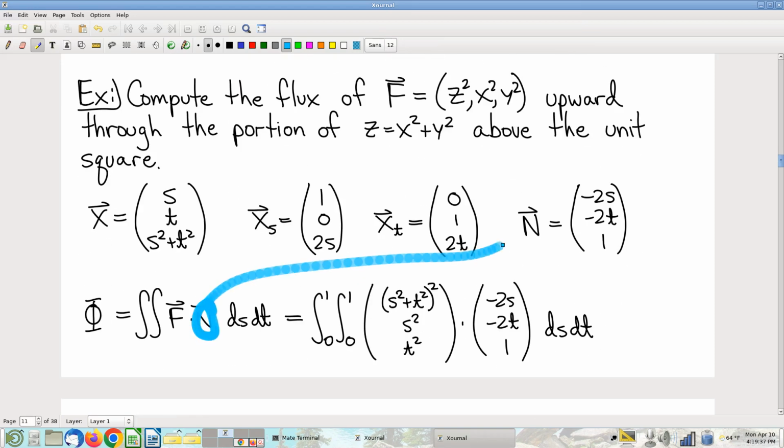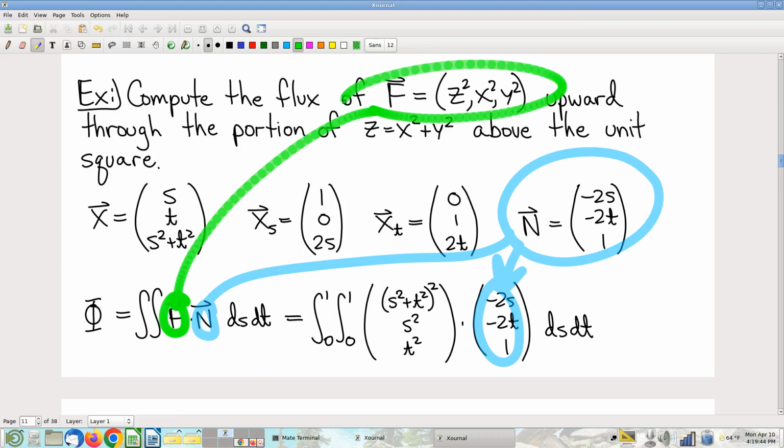So our normal vector that we just computed goes here. The vector field that we started with is this thing, believe it or not. Now don't forget, you have to plug in from the parameterization. So for example, what do I do with this z? Right there. Well, don't forget, this is z.